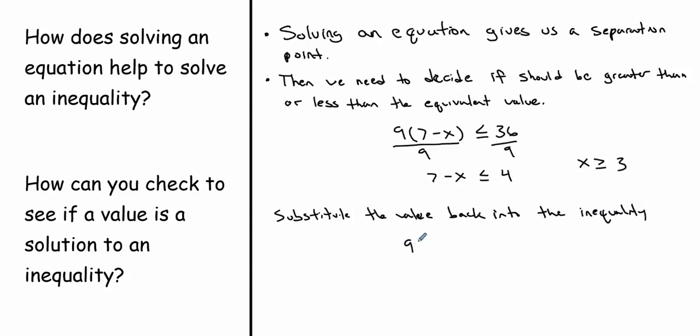So 9 times the value of 7 minus 3, if that's less than or equal to 36, we're good. 7 minus 3 is 4. 9 times 4 is less than or equal to 36. It's equal to.